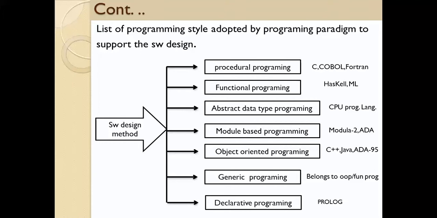In declarative programming, examples are Prolog, MATLAB, HTML. Declarative programming is nothing but a programming language which shows what result to achieve instead of the execution steps. It focuses on the declaration of the statement.